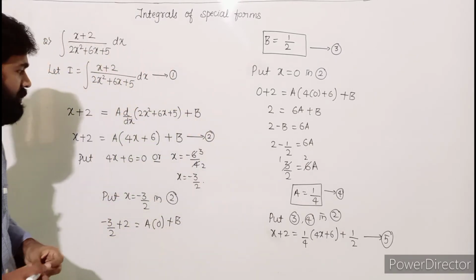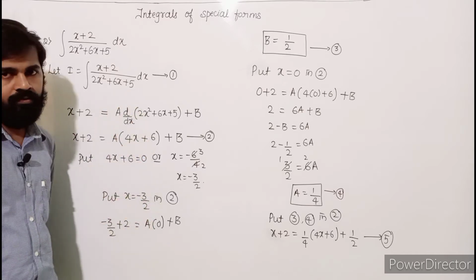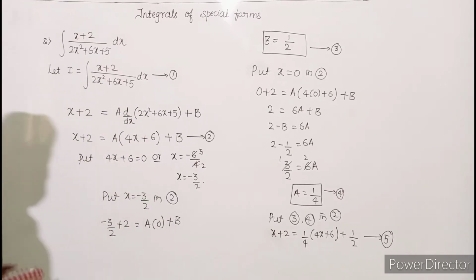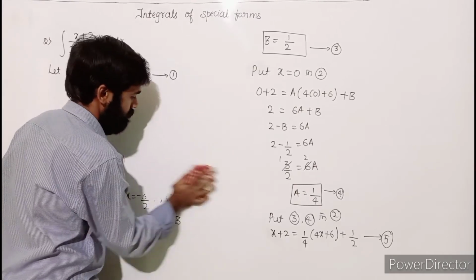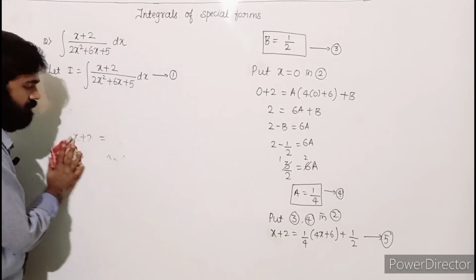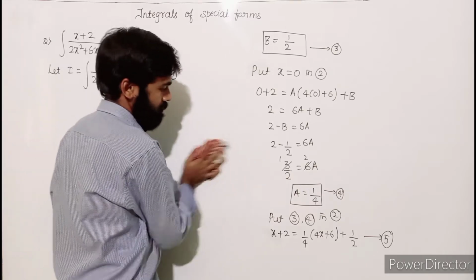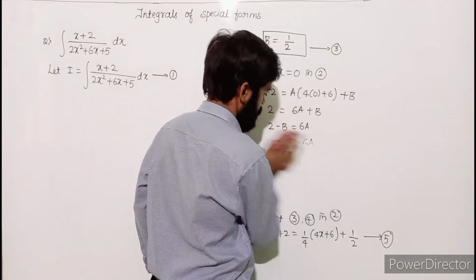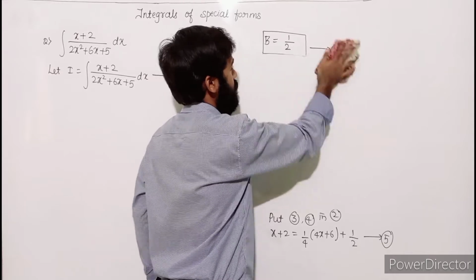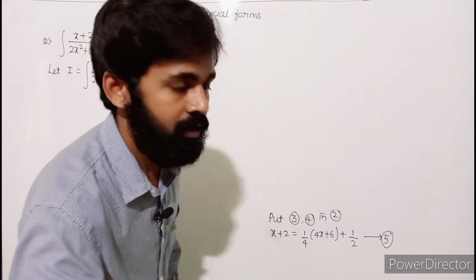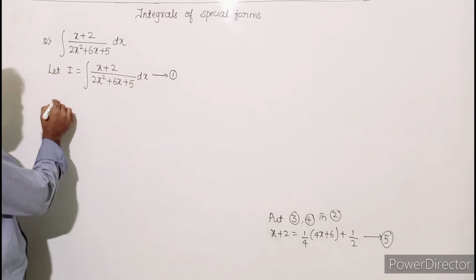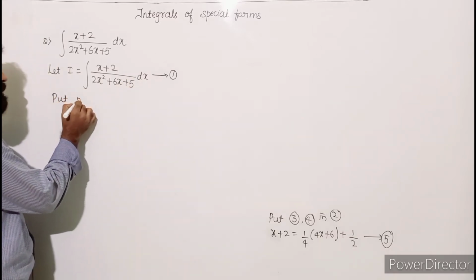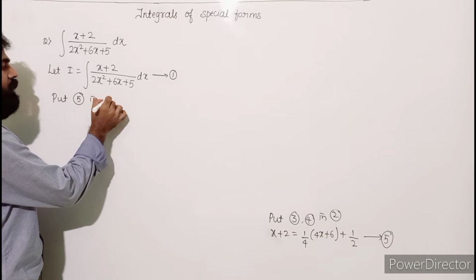So what I will do is, I'll just erase this part. Here I will write, put equation 5 in equation 1. So what do you get?